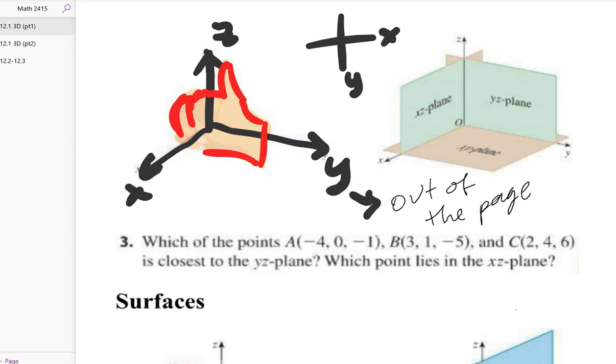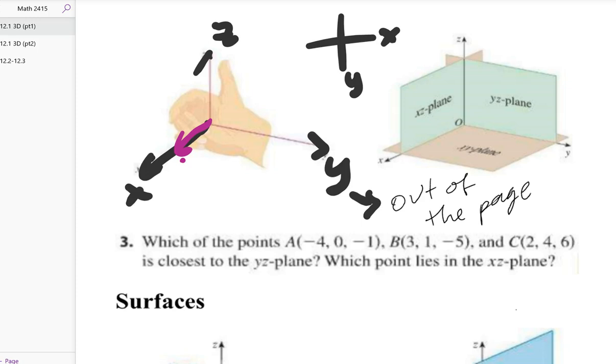Anyway, if you take your fingers and you run them along the x-axis, like this, and you curl them toward the y-axis, let me just erase all this. If you curl them toward the y-axis, you're using your right hand. If you curl them toward the y-axis, your thumb should point up toward the z-axis.